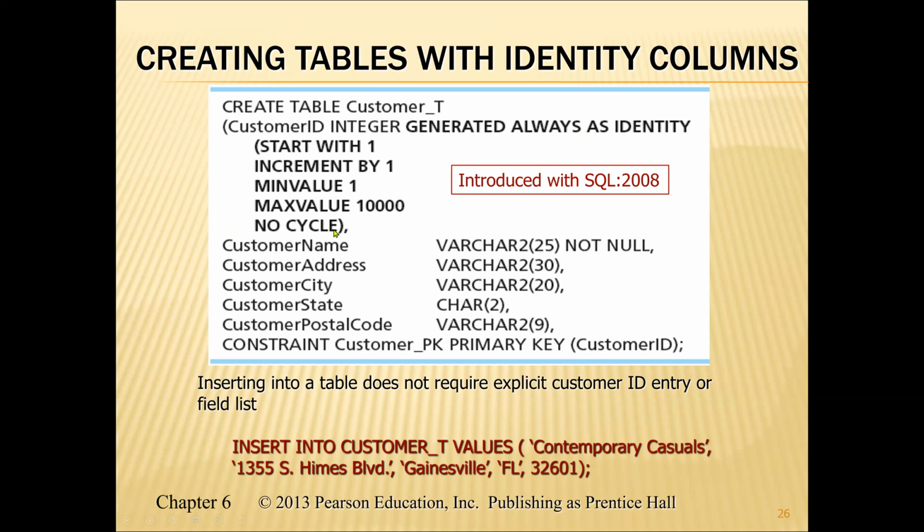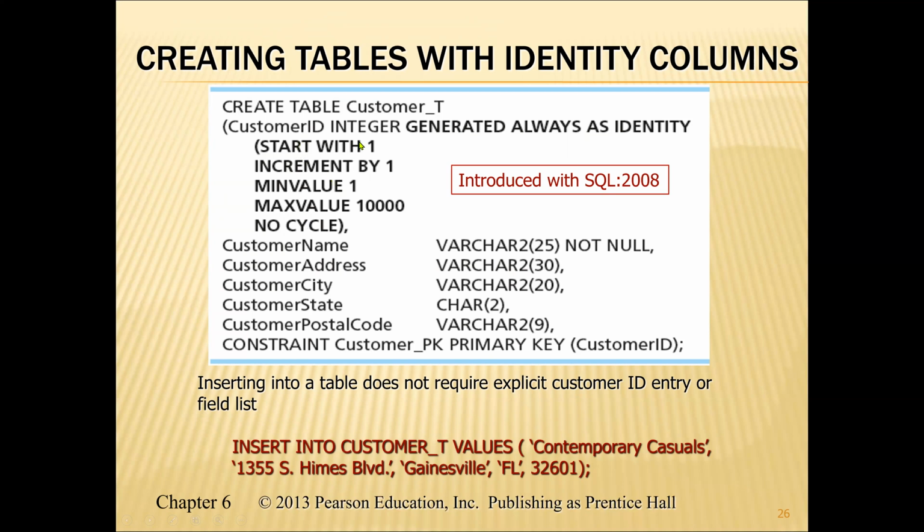There's no cycle. So the new bold statement here is the main goal of this. It is the same customer T that we created before, but in the customer T we created before, the customer ID, we had to enter the number. But here, we don't need to enter the number.